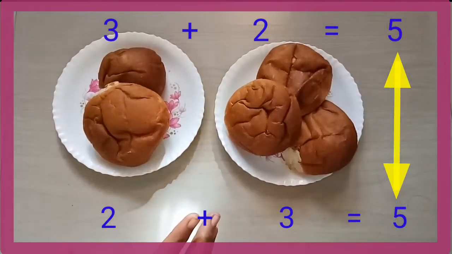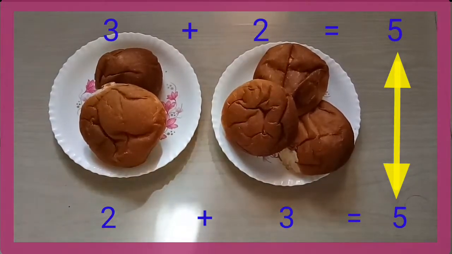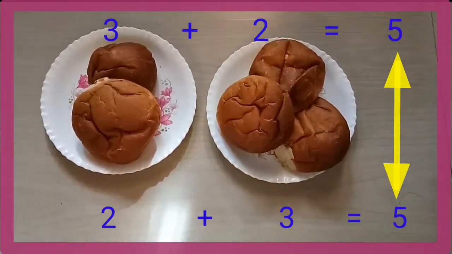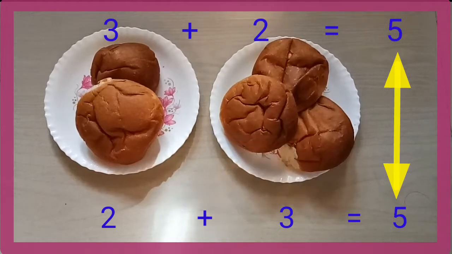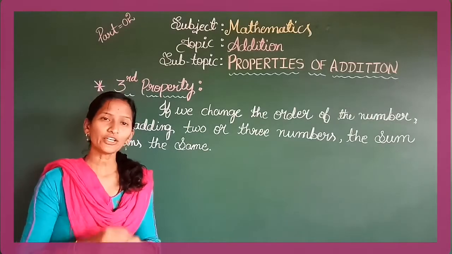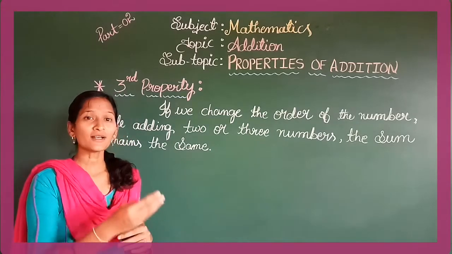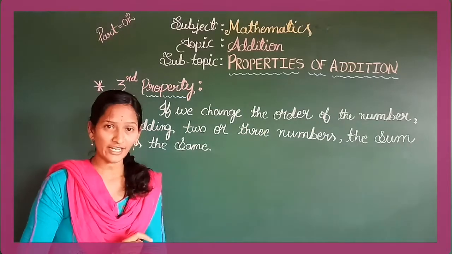In the first case, the number of buns is 5. After interchanging, we are getting the same number of buns. So this is the third property of addition. It is called the order property. Have you observed? What did you learn from this activity? If you change the order, you get the same number as the sum, right?